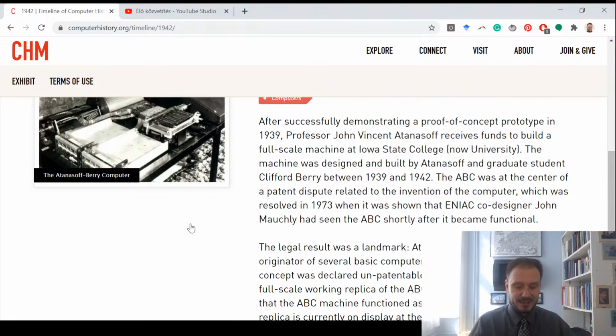So basically this was the first computer and not the one that was designed by John von Neumann, Hungarian Neumann János, who went to America and there designed computers, and John Mauchly, who was actually an engineer who built one.